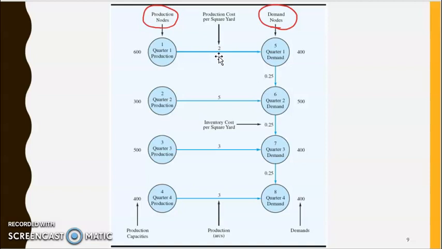I agree with you if you are wondering how smart is this graph in drawing and considering all the points. And also pay attention to the smart way of naming them. 1, 2, 3, 4 are all for the production quarters, and 5, 6, 7, 8 are for the demand quarters.